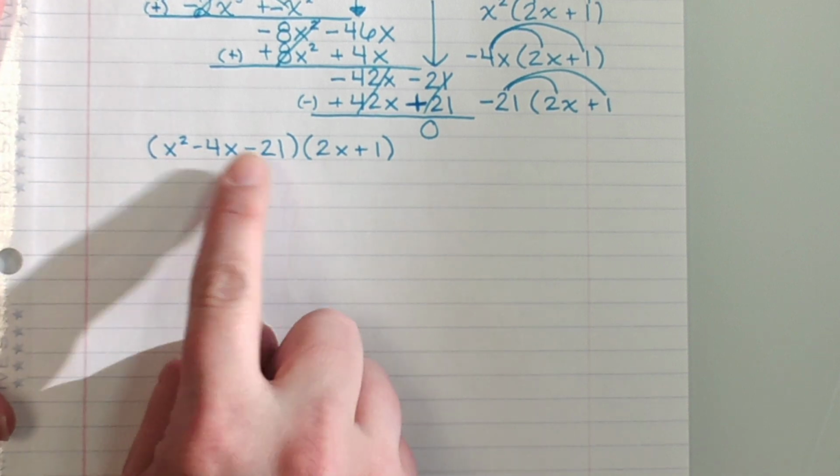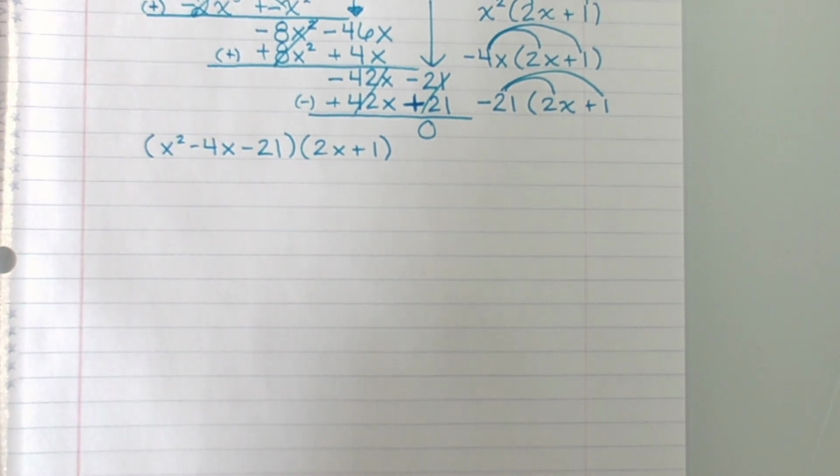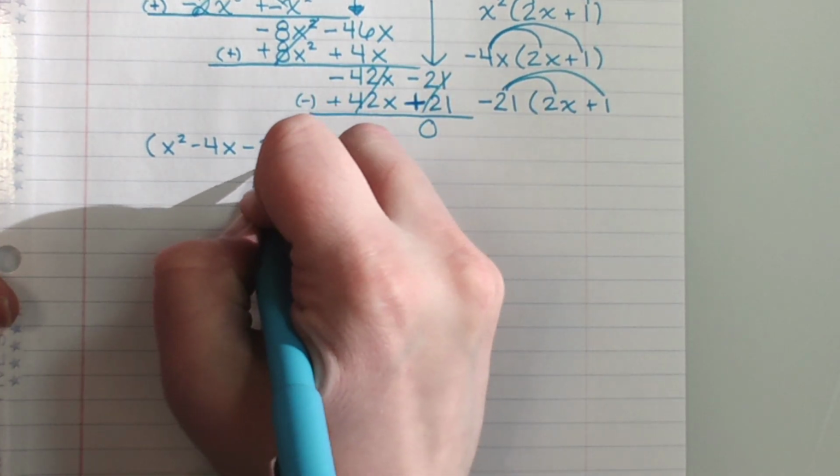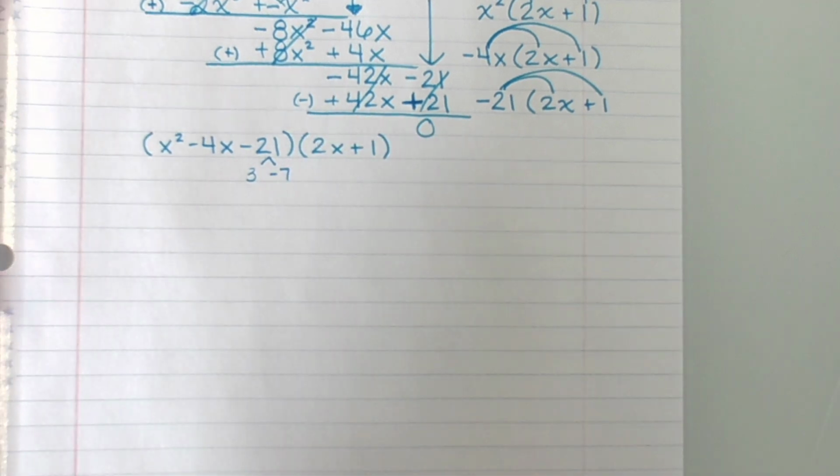Now I noticed it's a trinomial, which makes me think AC method. Can I do the shortcut? Two things that multiply to negative 21 but add to negative 4? 3 and negative 7. What if no two numbers existed? Then that would be the fully factored form.